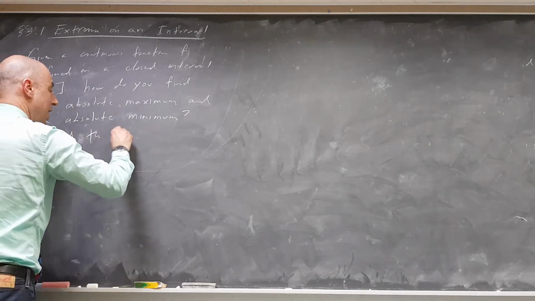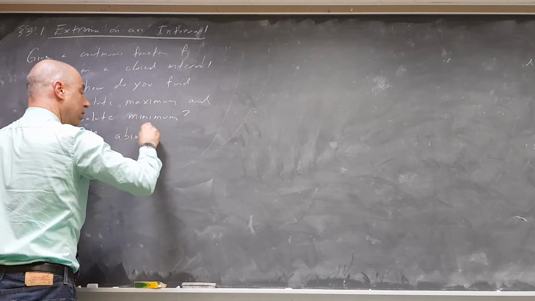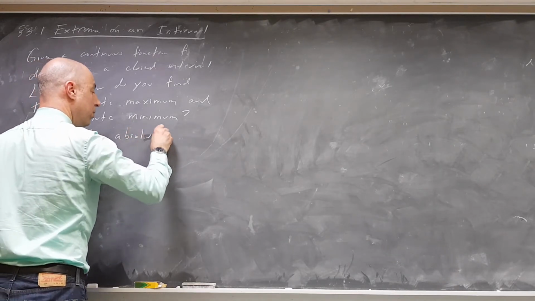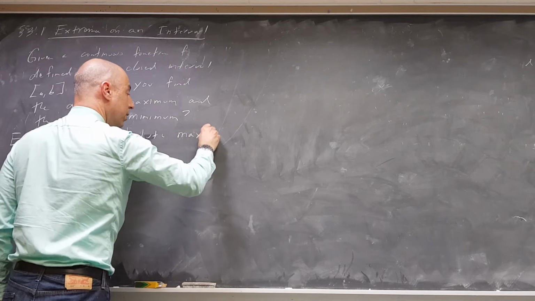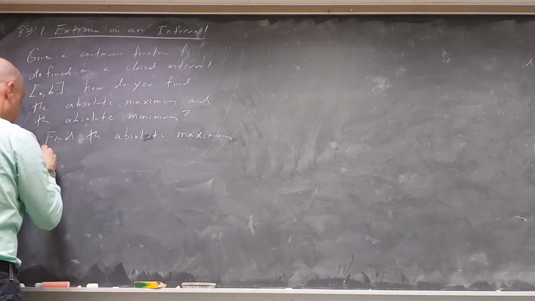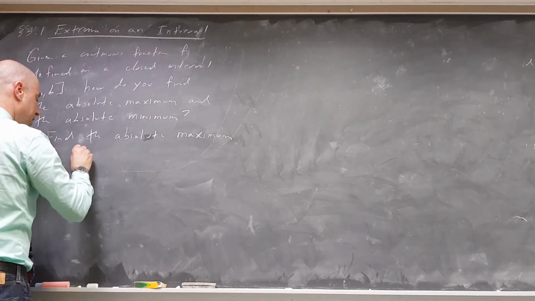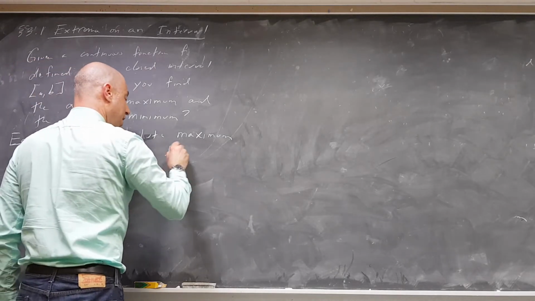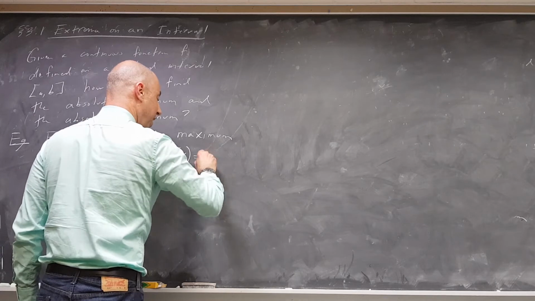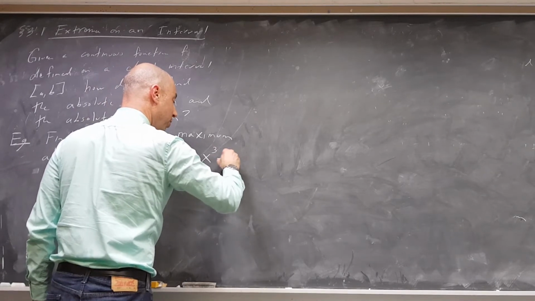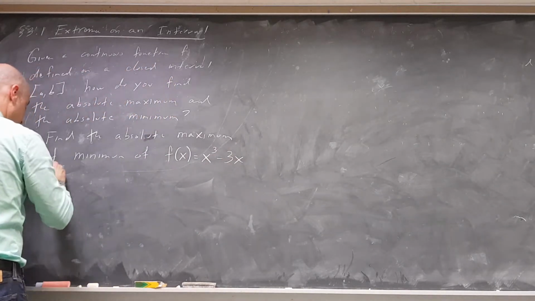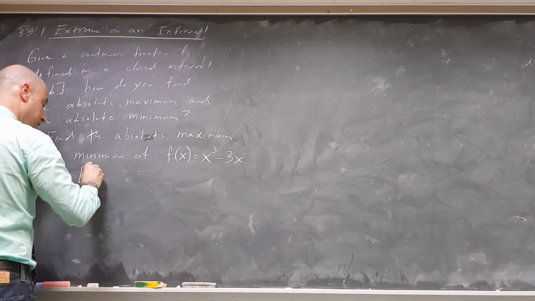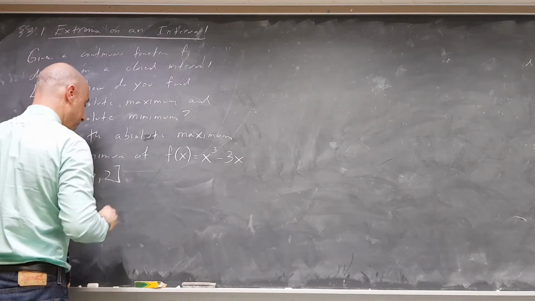Find the absolute maximum and minimum of f of x equals x cubed minus 3x on the interval 0 to 2.